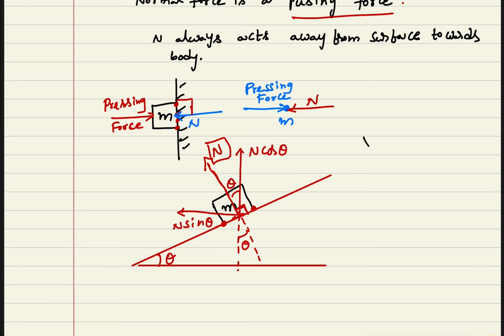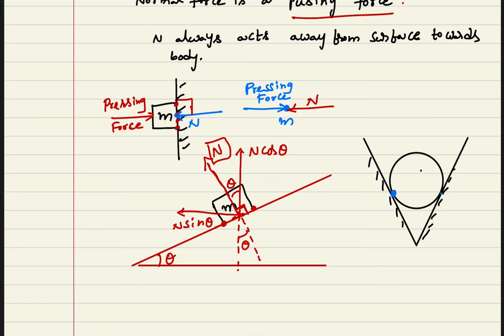Similarly, if I take a V-shaped groove, and any body of mass m is kept here like this. Whenever any body is kept here, you can see how many contacts are there.